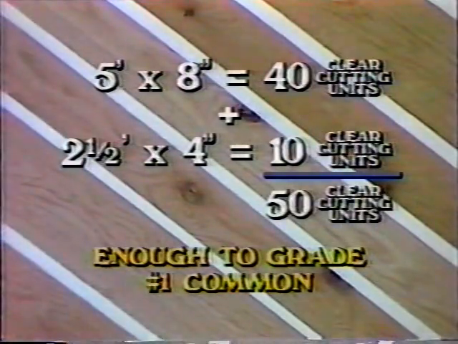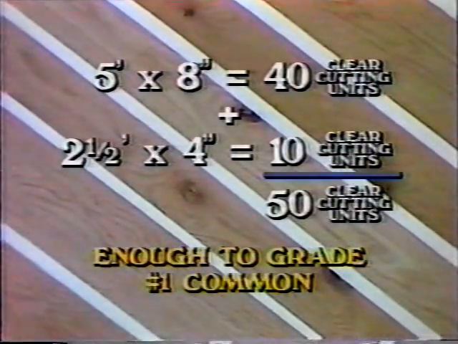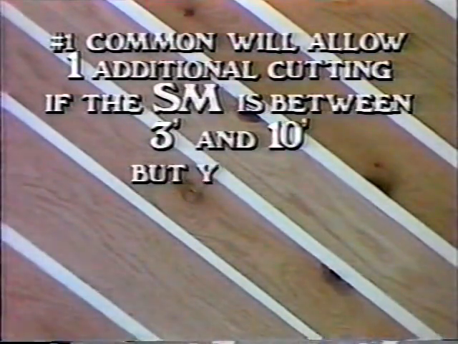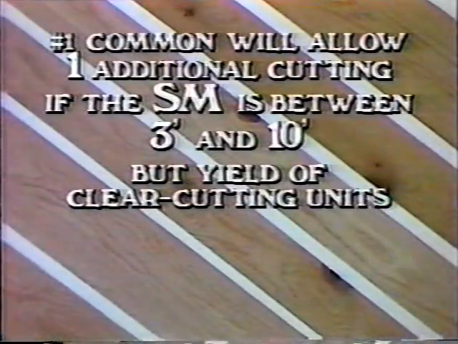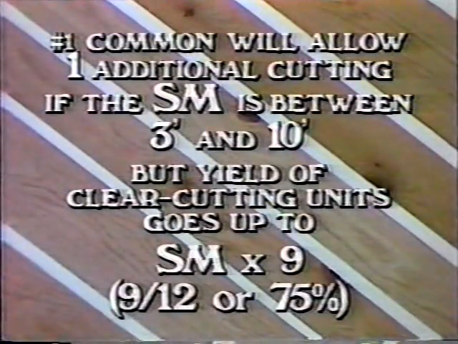The total amount in the 2 clear face cuttings is 50 cutting units. For the number 1 common grade, we needed 48, so this board would in fact grade number 1 common. Number 1 common will allow 1 additional cutting if the surface measure is between 3 and 10 foot, but the required clear cutting units increases to surface measure times 9.